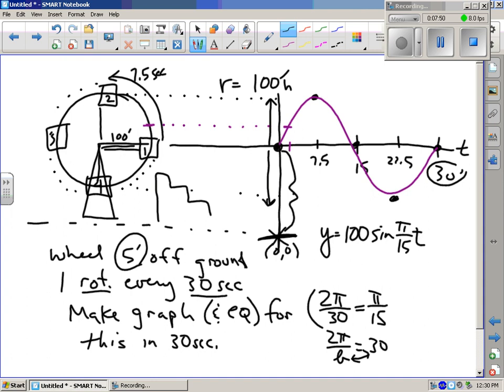So we've really gone 100 plus that extra 5 feet. So we have to say plus 105. So that would be the equation of this graph. Okay, so the only real new thing is the frequency. It's basically just the reciprocal of the period because they are inverses of each other.